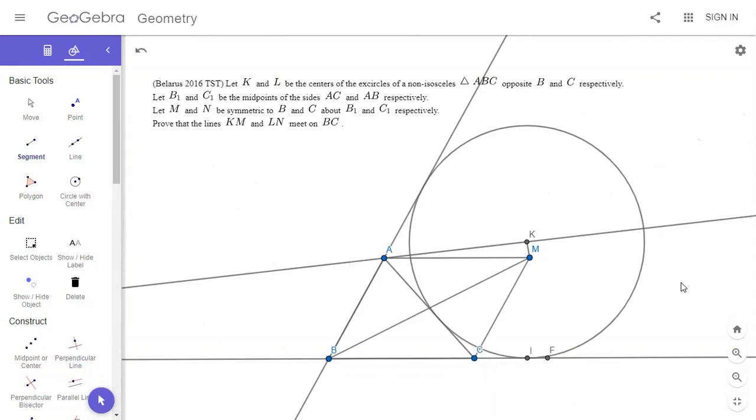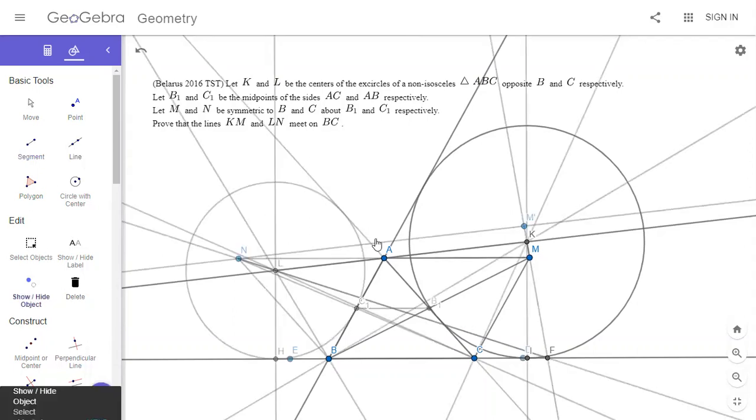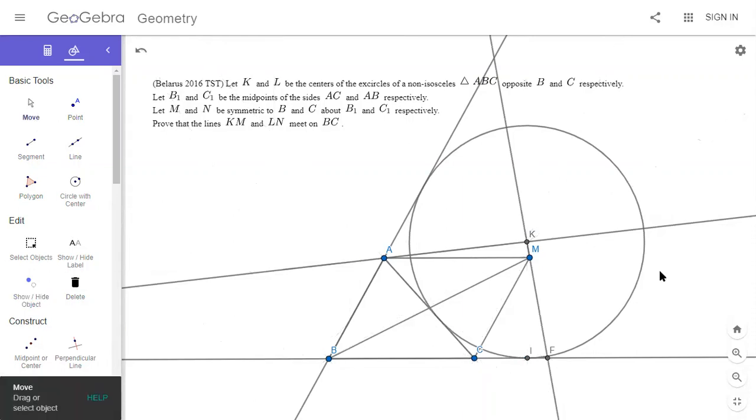So if K is the excenter and M is the point where it's a parallelogram, then we need to show MK is perpendicular to KA.